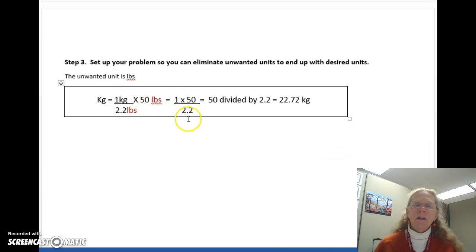Then we'll do the math. 1 times 50 over 2.2, which leaves us with 50 divided by 2.2, and that ends up being 22.72 kilograms.